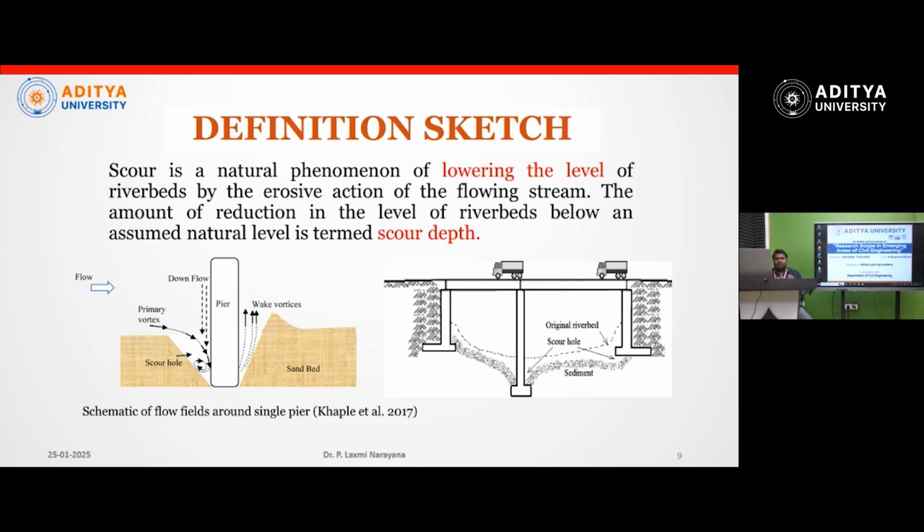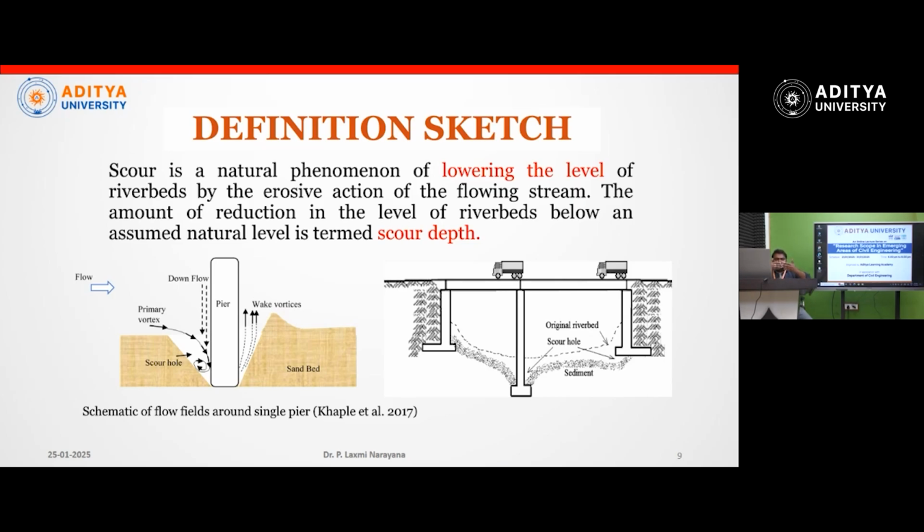Many boundary layer concepts, vortex, streamline, so many things happen around the hydraulic structure. As and when the flow is obstructed by any hydraulic structure, say a bridge pier, as I told, when it touches the structure it reaches stagnation, meaning the velocity is drastically reduced.